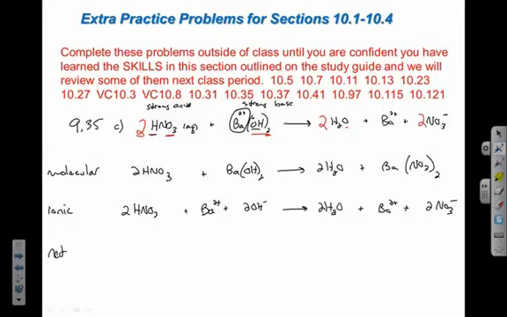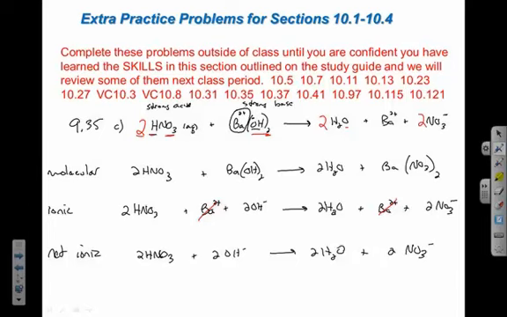And then the net ionic would be just canceling out the barium because it's a spectator ion, it's not undergoing any changes. And so I have the 2HNO3 plus 2OH to produce two waters and two NO3 minuses.